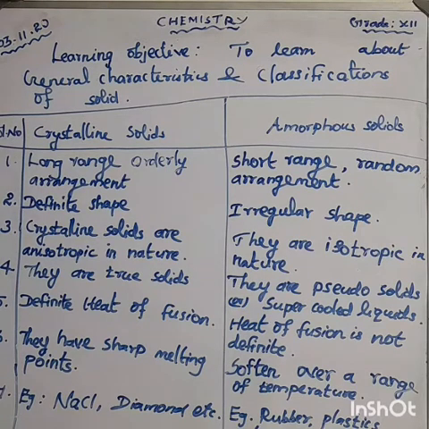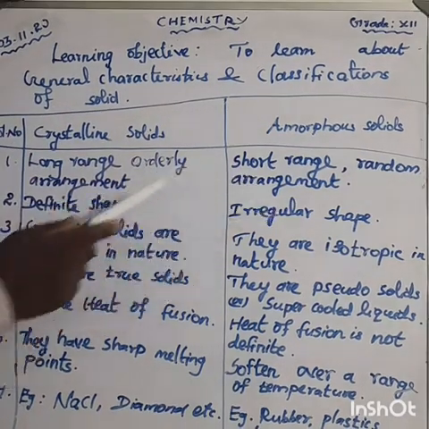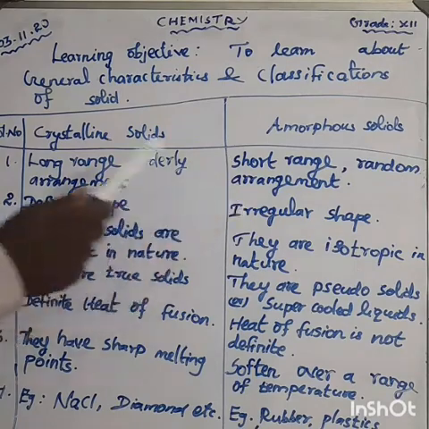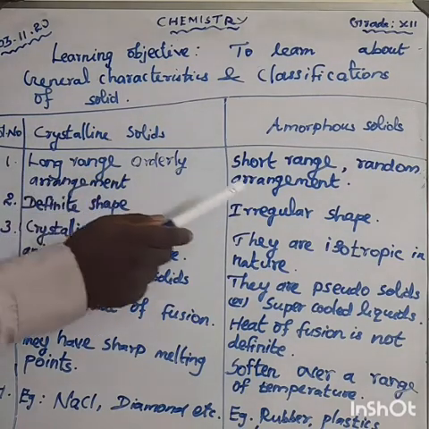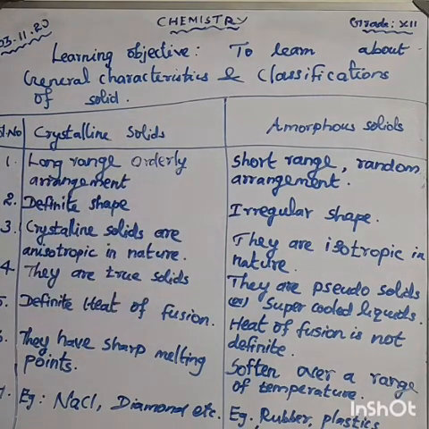The crystalline solid has a definite shape. What about the amorphous solid? It has an irregular shape.